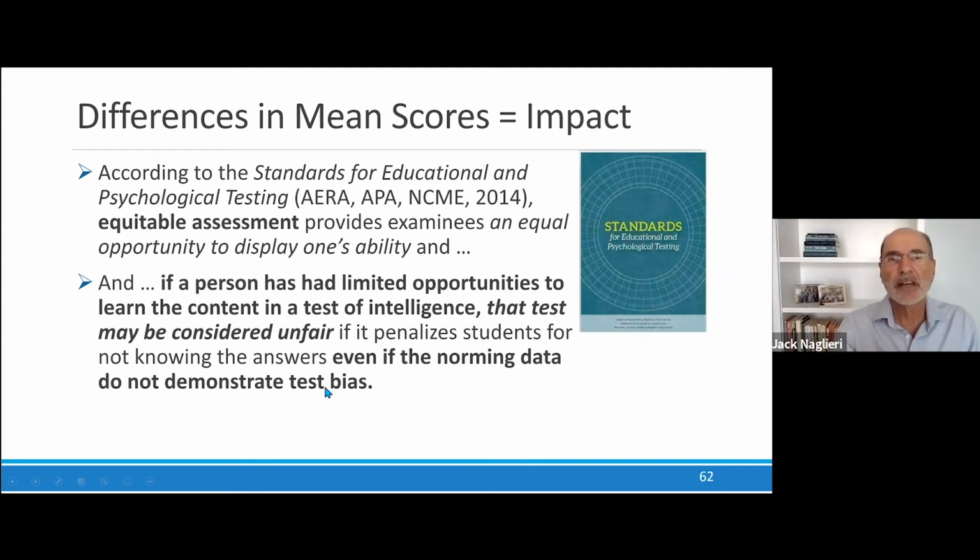Even if the norming data do not demonstrate test bias. So when you hear someone say, oh, we analyzed our test and there's no test bias, and they never report mean score differences by group, what they're doing is they're ignoring the equitable assessment part of the standards.